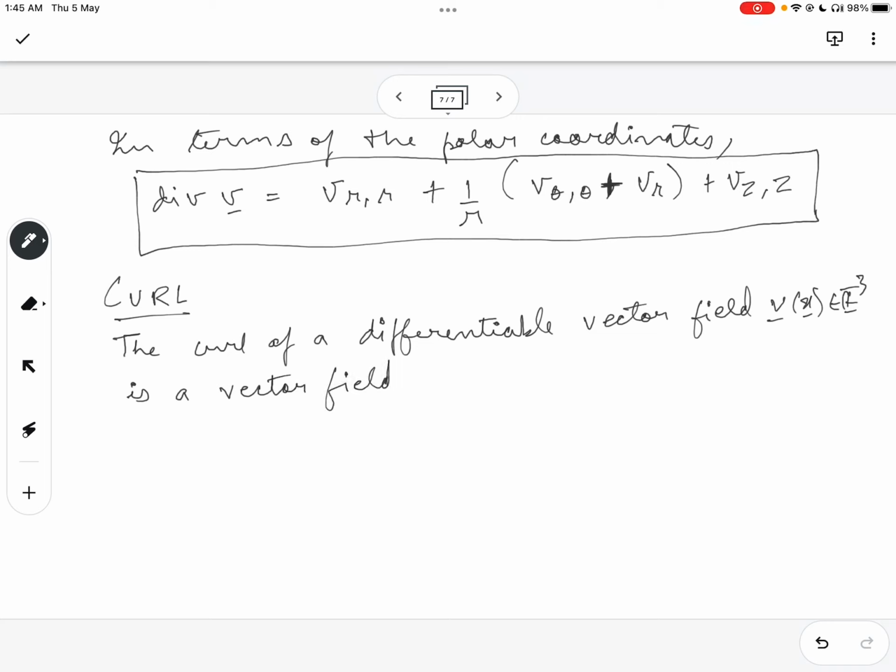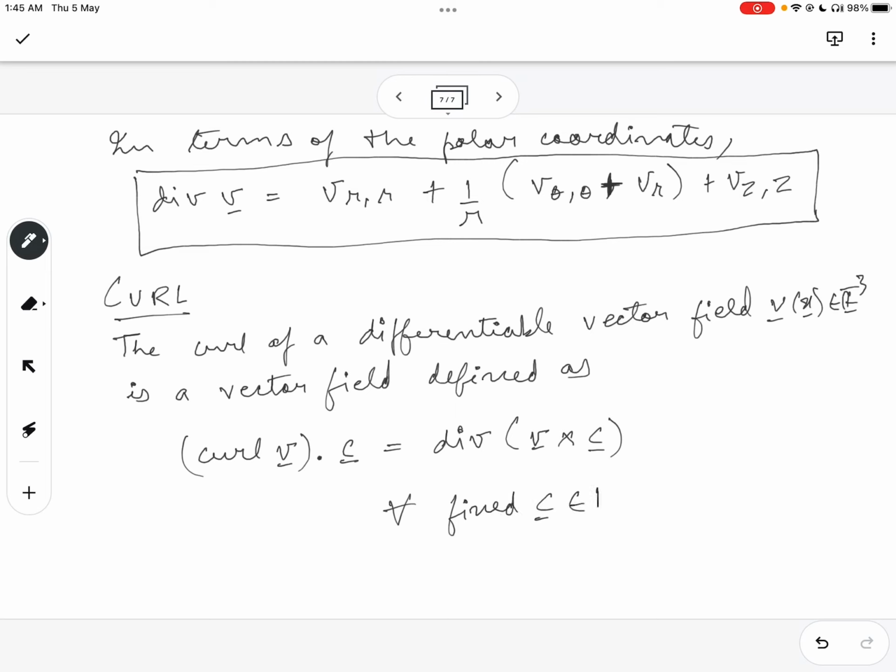Divergence was a scalar field; this is a vector field defined as: curl of V dotted with C is divergence of V cross C. This is valid for all fixed C belonging to E3 such that gradient of C is 0.